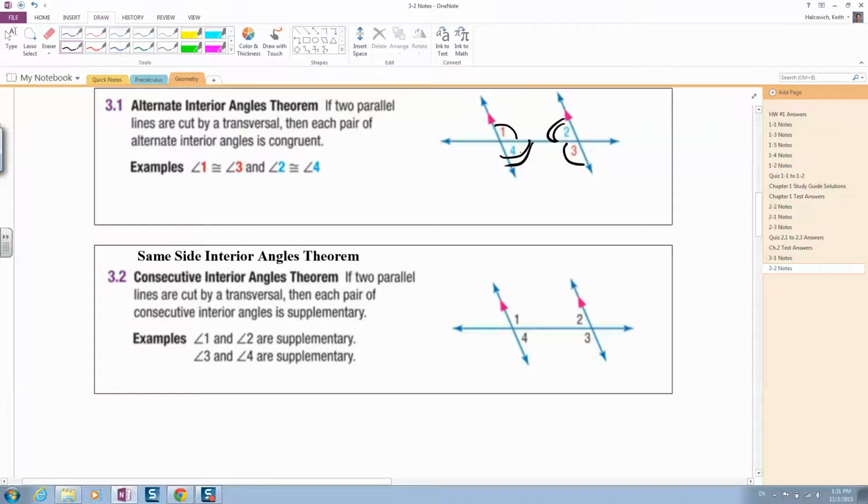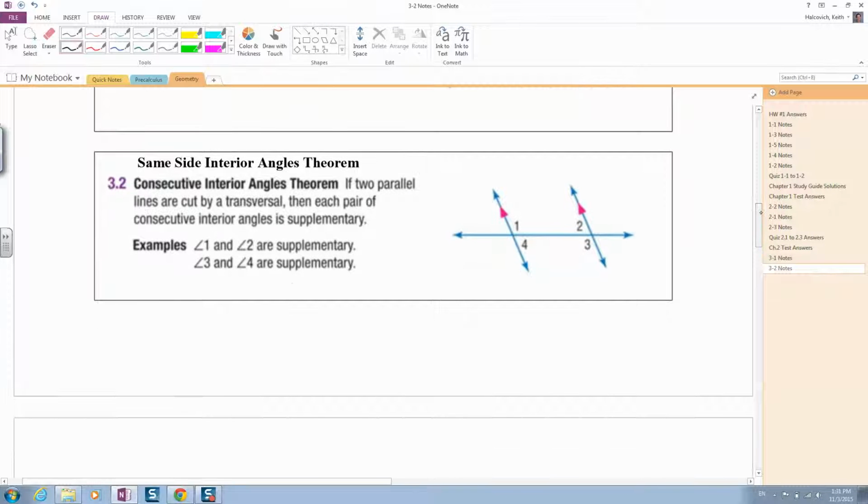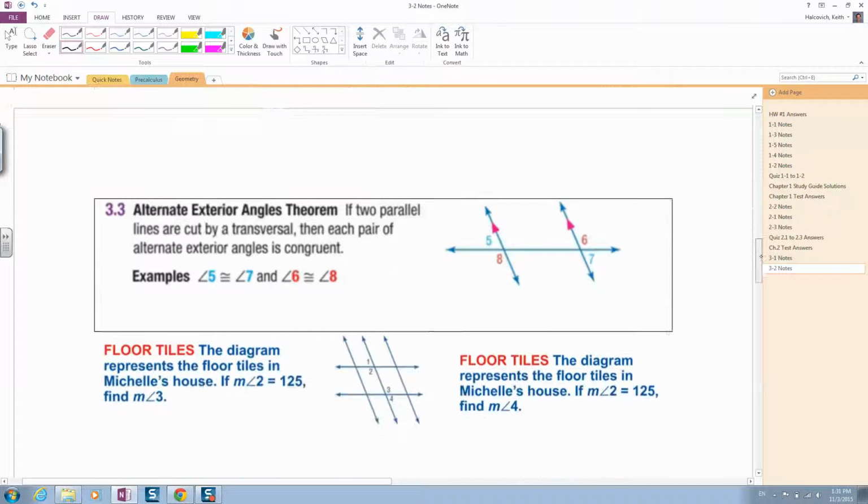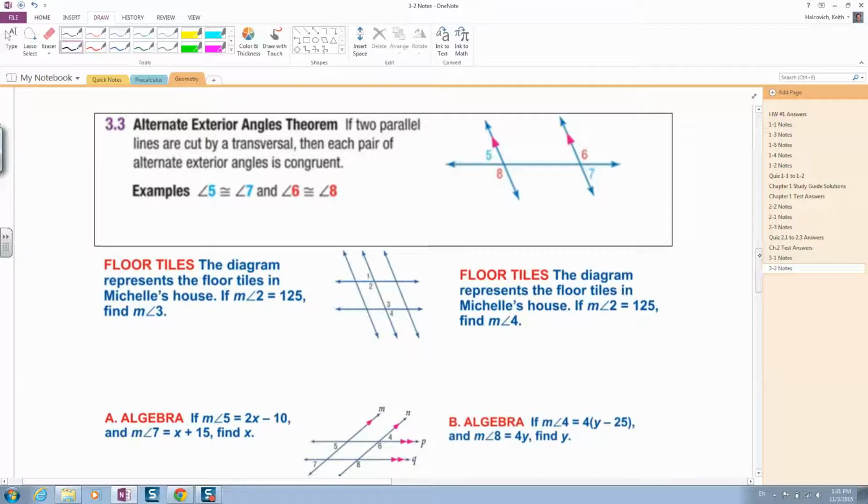Then there's also the same side interior angles theorem, which means that they are supplementary. 1 and 2 are supplementary, 3 and 4 are supplementary, meaning that if you add them up, they have to equal 180. That's what supplementary means. The alternate exterior angles theorem means that they are congruent. So like 8 and 6, 5 and 7.